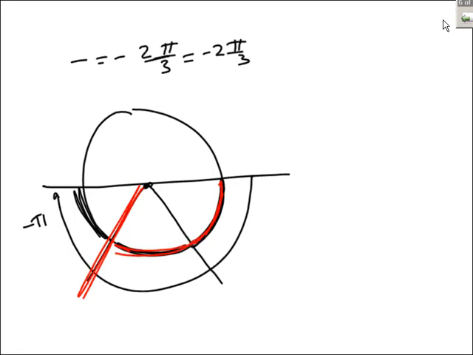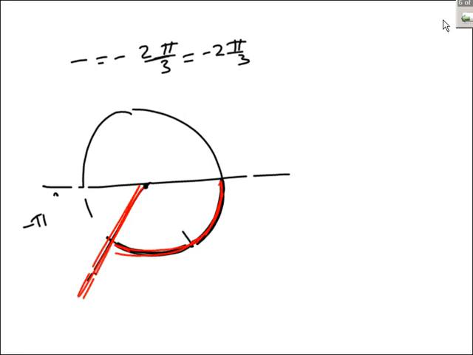Let me draw it nice and neatly. Okay, here it is. Negative 2 pi over 3.